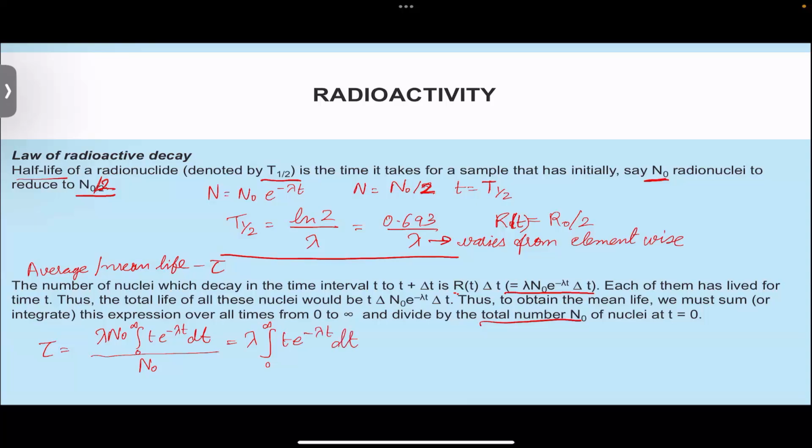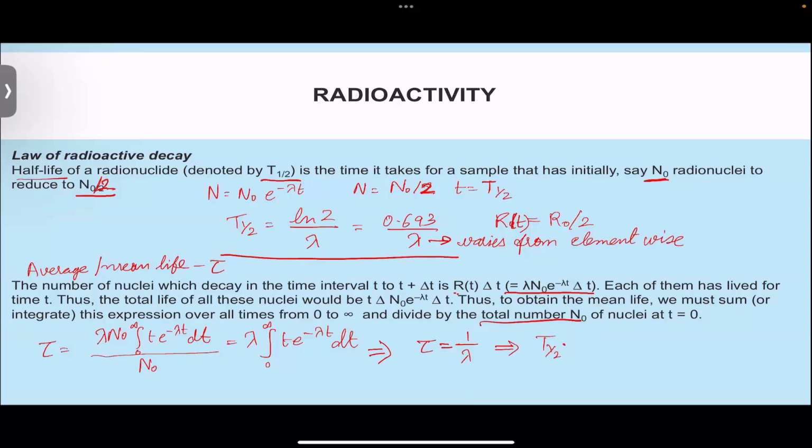We have integrated on both sides and taken out the constants. If you complete this integration, then you are left with tau equal to 1 by lambda.